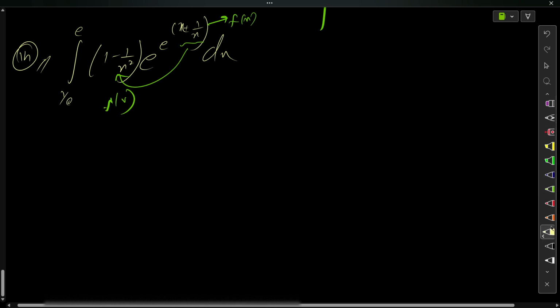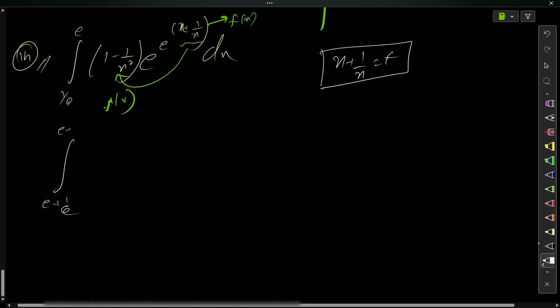So what I'll do is substitute x plus 1 over x as t. Then I'll be getting e plus 1 by e to e plus 1 by e, and this will get cancelled. I'll show you.